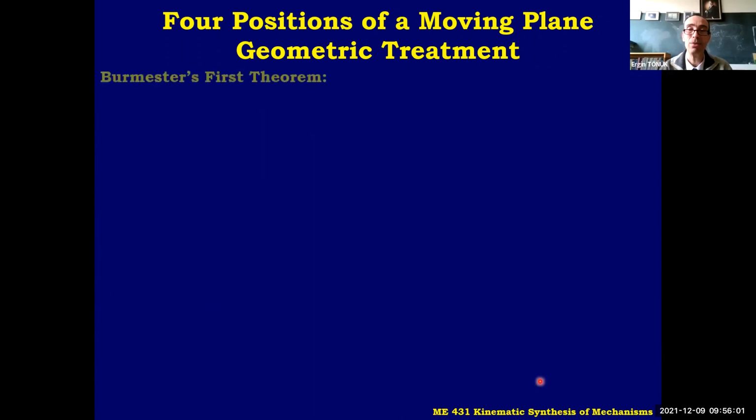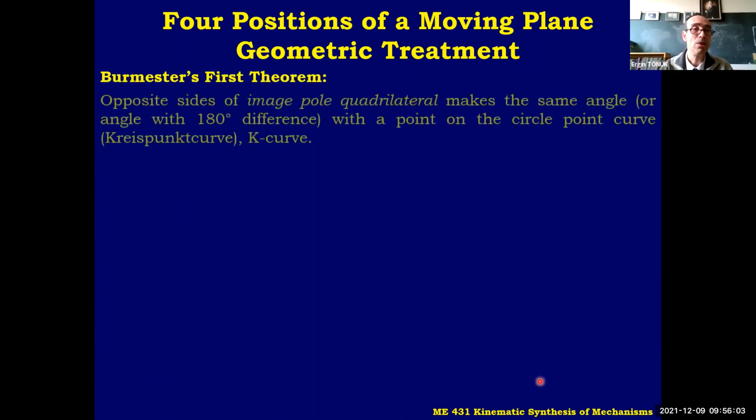Burmester's first theorem says opposite sides of the image pole quadrilateral make the same angle, or an angle with 180-degree difference, with a point on the circle point curve. So we will actually use the image pole quadrilateral if we want the circle point curve.